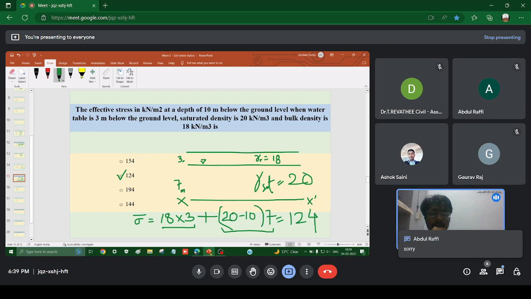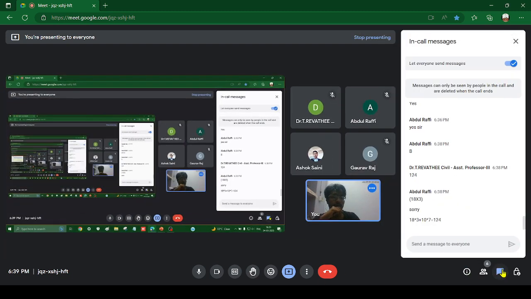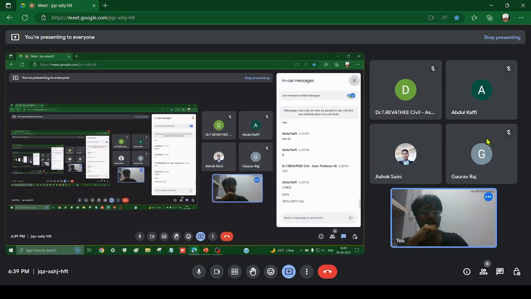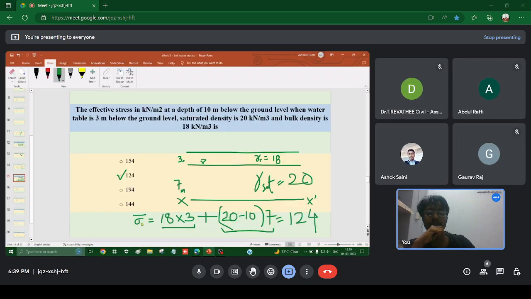Is it clear everyone? Yes, someone was saying, sorry. 18 into 3 plus 10 into 7. Yeah. Good. Same thing. Is it clear for everyone? Since I am mentioning over here effective stress, hence for the second layer below the groundwater level, I have to take gamma submerged.